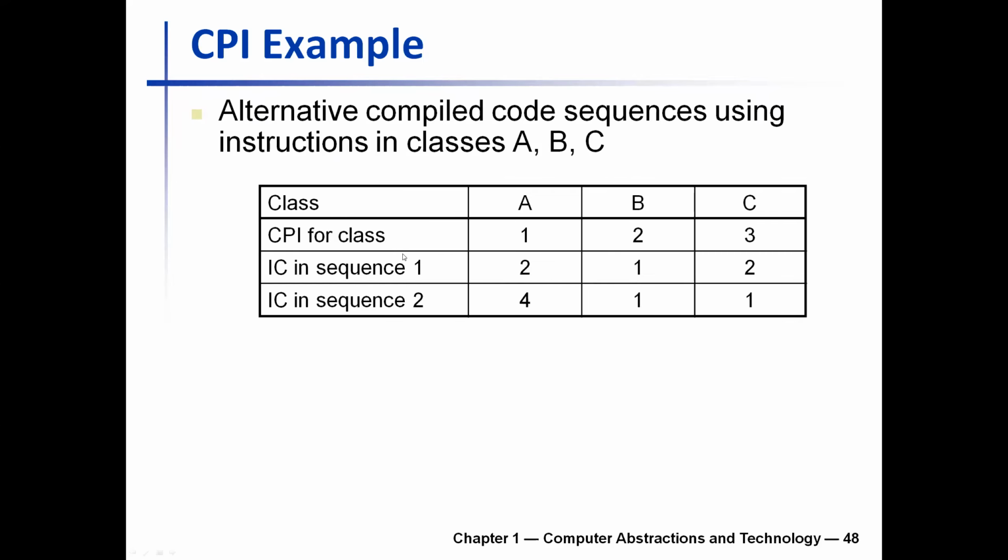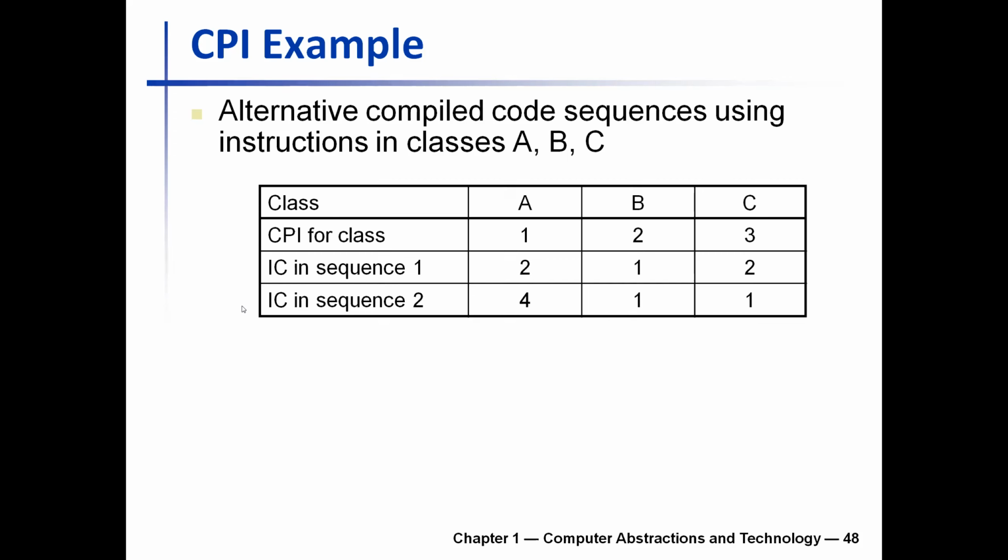In our instruction set, we have 3 different classes of instructions: A, B, and C. For an instruction in class A, CPI is 1. It's going to take 1 cycle on average. Instructions in class B are going to take 2 cycles. Instructions in class C are going to take 3 cycles, right?